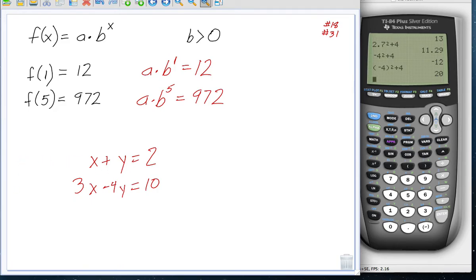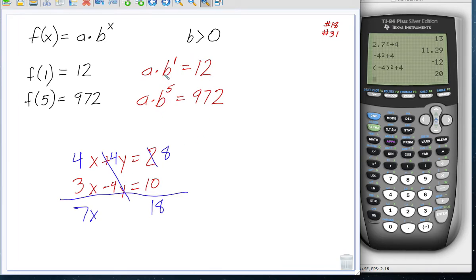So in this example here, we may have said, I'm going to multiply this top one by 4 and make it 4x plus 4y equals 8. And now if I add up the equations, 7x equals 18, the y's go away. And that's the beauty of it, is that we get rid of one of the variables.